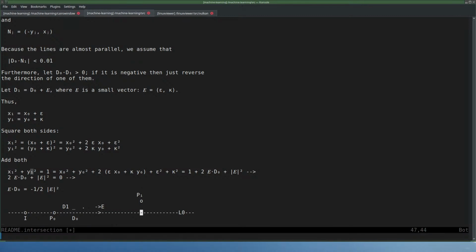Anyway, I have here the line also with the length of 1. Yeah, that didn't work. I should have moved everything down.